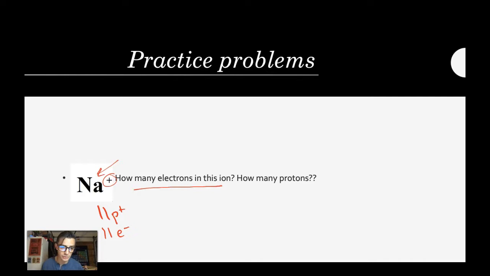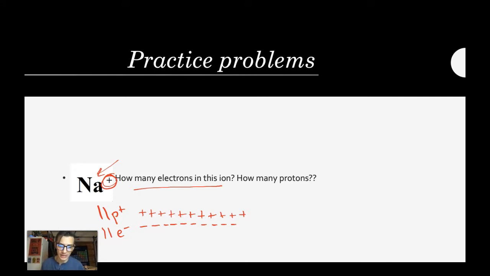But it's not neutral, it has an extra positive charge. So that means that if I had all my 11 protons stacked up, and I had all my negative charges stacked up, I get 1 positive left over. One of those electrons left.